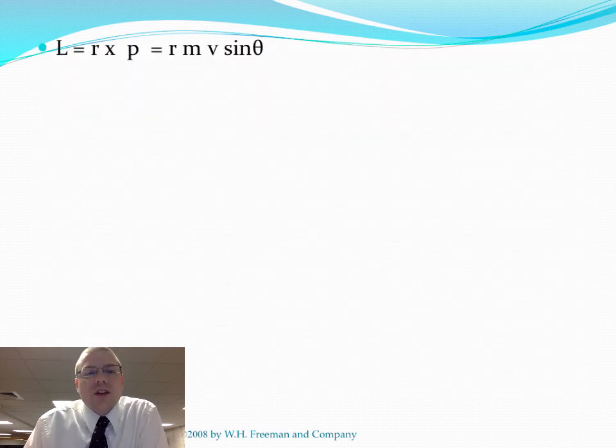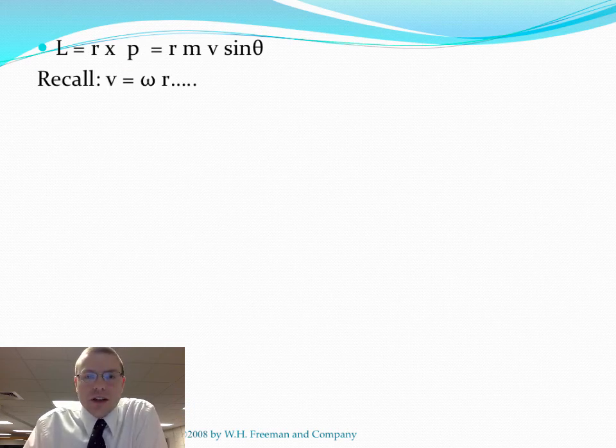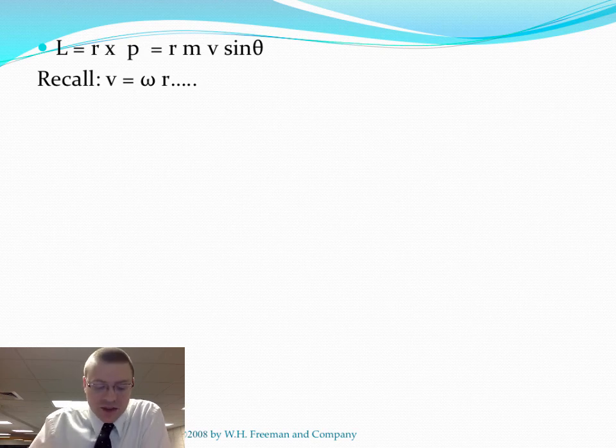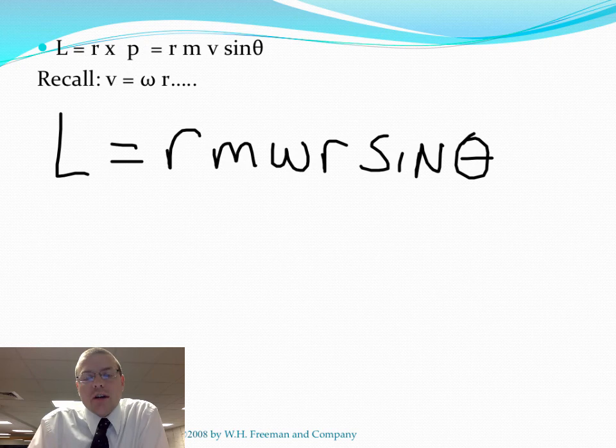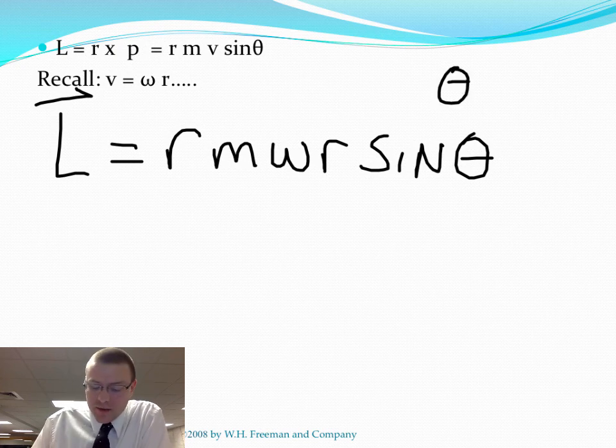So if we stretch out what r cross p is, it's the mass times the velocity times the sine of the angle between them. Again, they've got to be 90 degrees apart. Remember that straight line velocity can be translated into omega r. So what you're going to end up with is r m omega r sine of theta. Now if we want the maximum angular momentum, we want theta to be 90 degrees between our radius and our momentum.